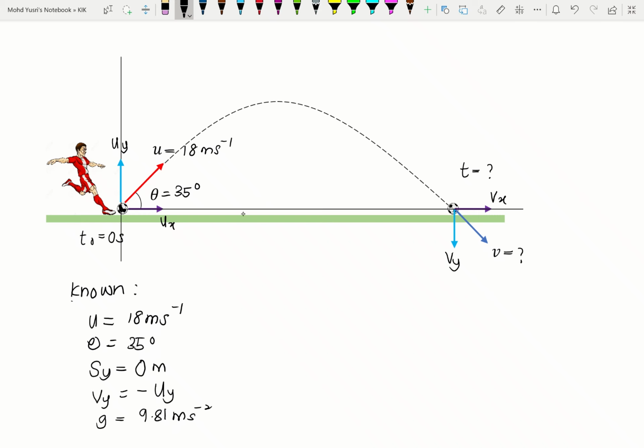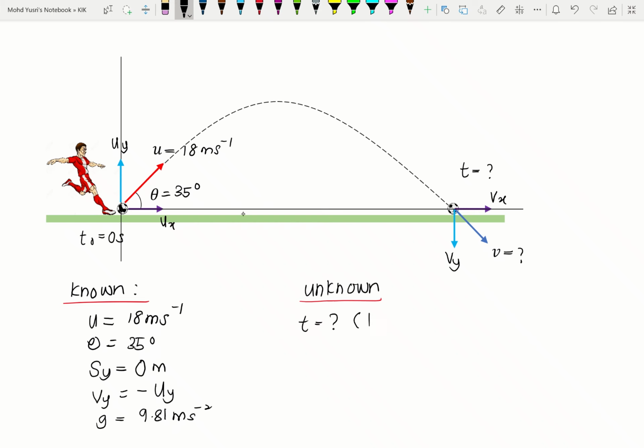Now we are done with the known values. Next, let's identify the unknowns. We need to identify the unknowns to make sure we know what the question wants and what we want to solve. The unknown value in this question is obviously the time at which the ball hits the ground.